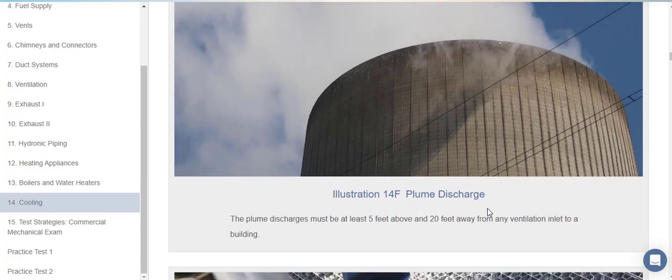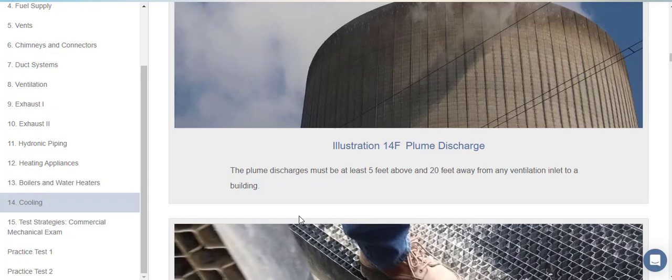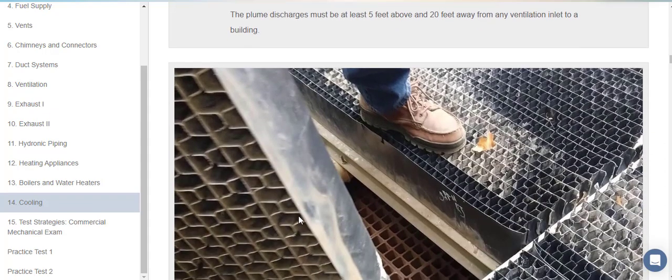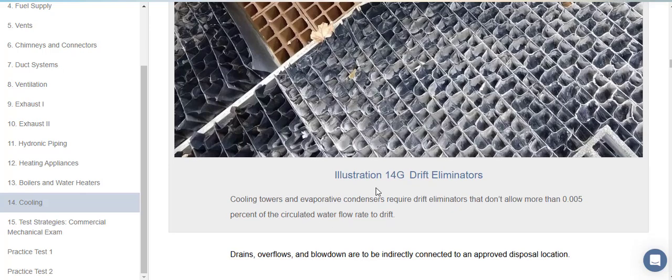Illustration 14F, plume discharge. The plume discharge must be at least 5 feet above and 20 feet away from any ventilation inlet to the building.